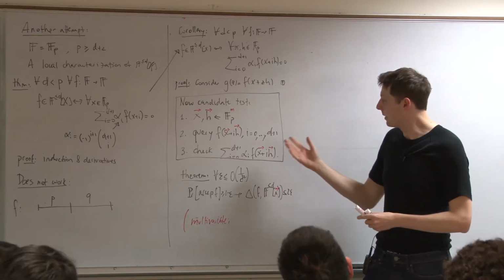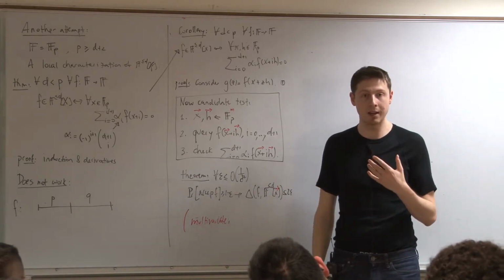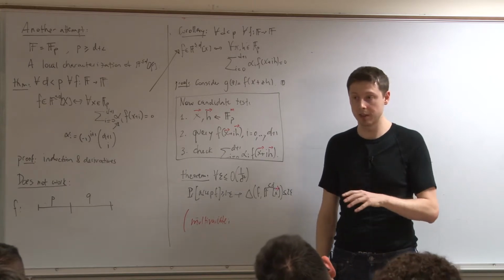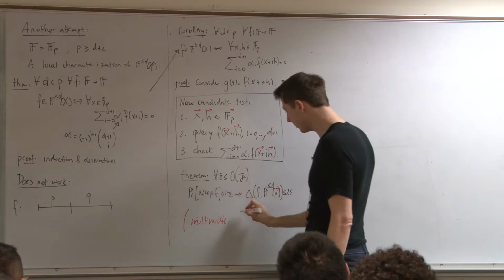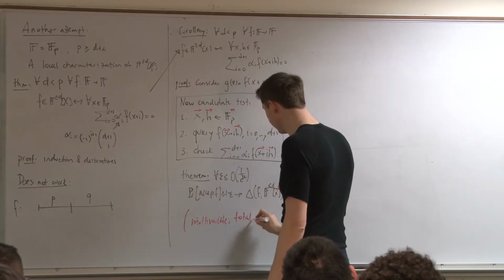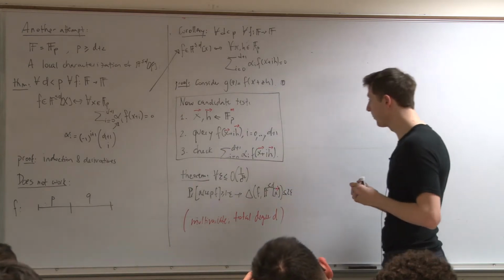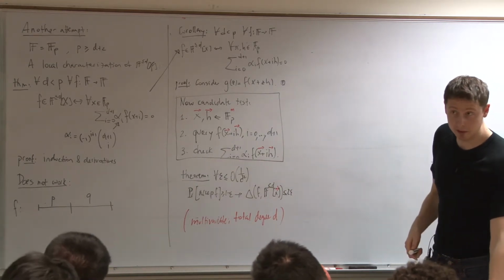And this is saying that if on average a random line looks like it has degree d, it is because the entire thing is close to a degree d polynomial. So here we're looking at total degree d.